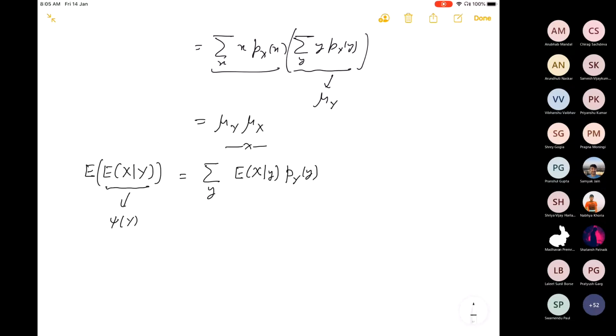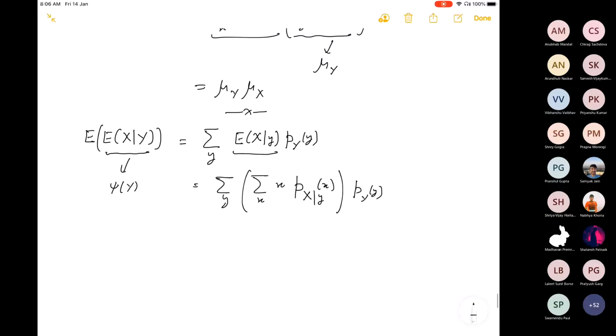Okay, so now what is this value? This is the expectation of x given y is equal to small y. Because the density will correspond to f of x given y, this will be summation over x of x times p of x given y is equal to small y, into p_Y(y), where p_Y(y) is the marginal distribution of y, and p of x given small y is the conditional distribution of x given y is equal to small y.